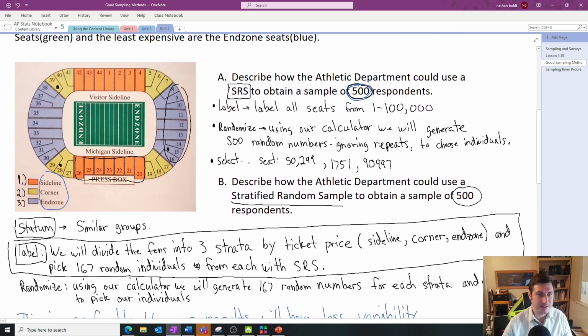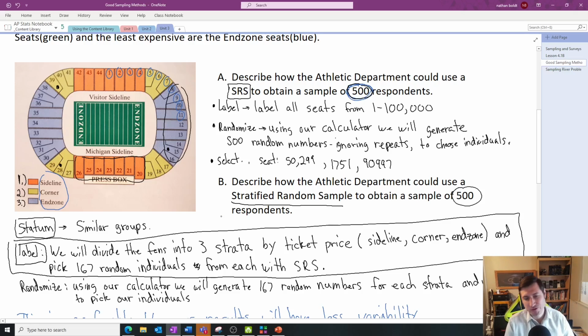Well, if I take a look at the stadium, it is already divided into clusters for me. The section numbers, all of these are clusters. They don't really have any real connection between them.